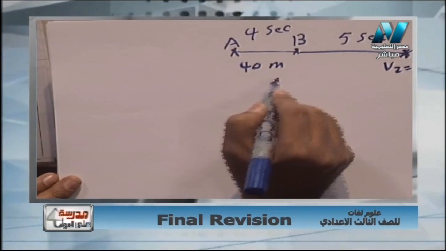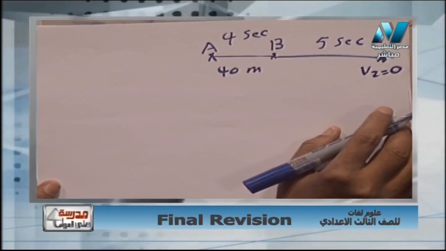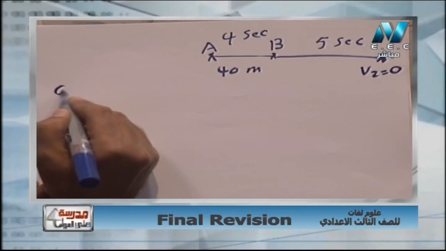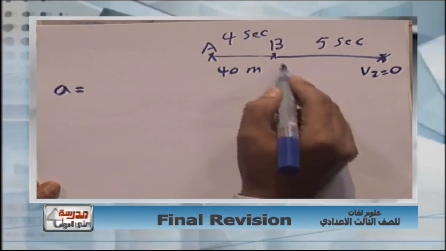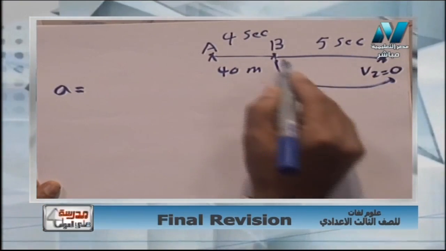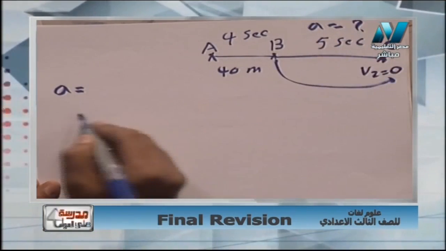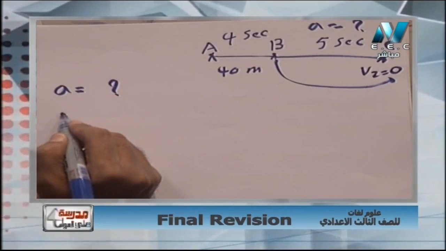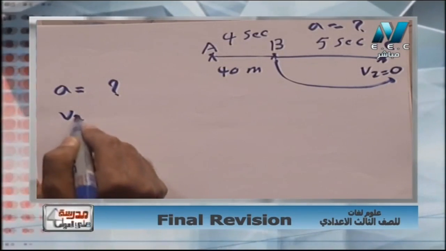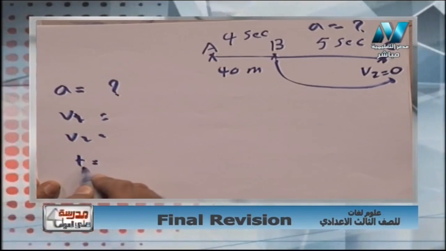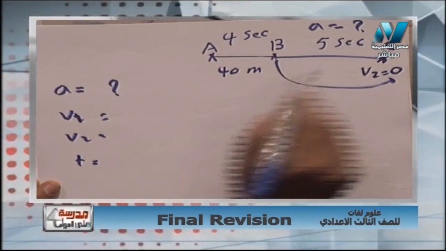He asks about the acceleration in the part from B to C. To get acceleration, my dear student, we need what? V1, V2, and the time. What is the time here? Time from B to C is 5 seconds.